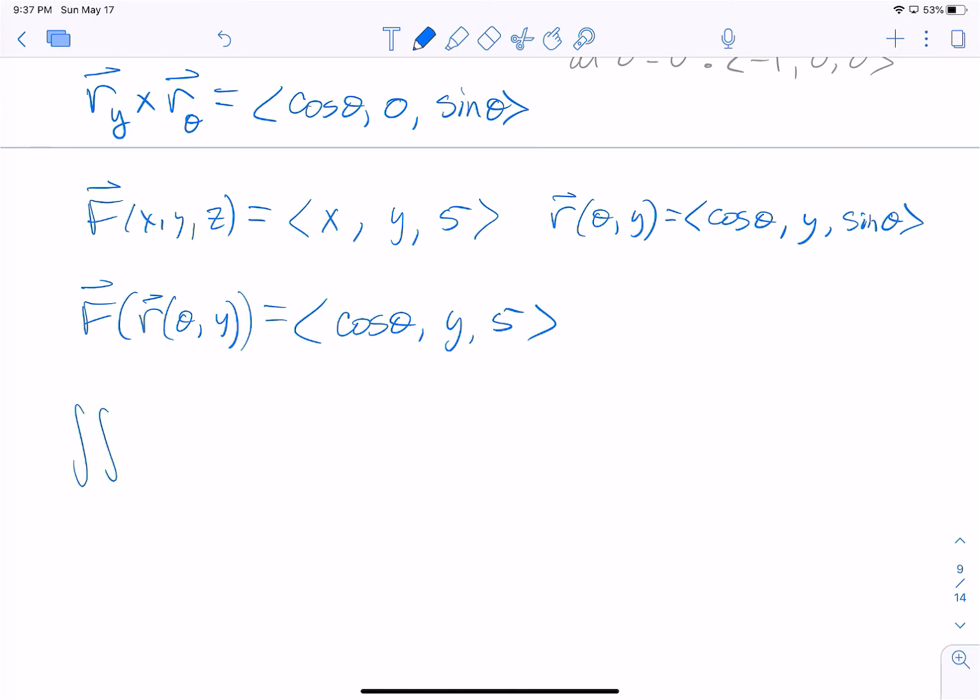So the surface integral over S1 of F dot dS is equal to the surface integral over D, we'll get to that in just a minute. The dot product here is going to be cosine squared of theta plus 0 plus 5 times the sine of theta.